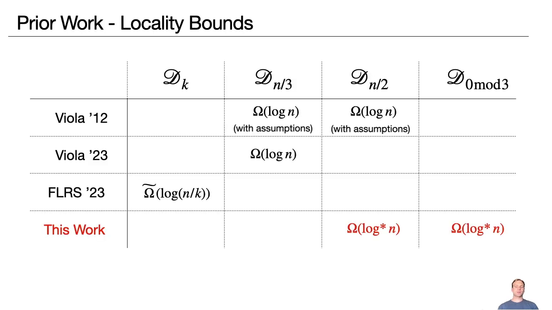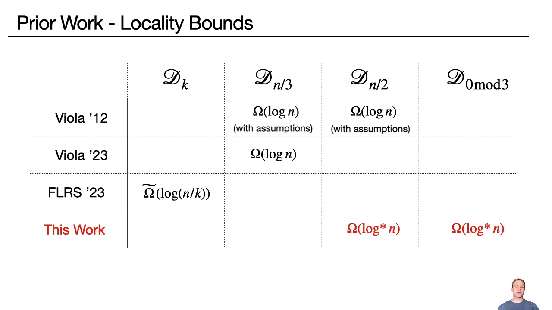As mentioned, there is some earlier work in this area, going back to Viola in 2012, who proved logarithmic lower bounds on the locality in the case of the uniform distribution over strings of weight n/3 or n/2. However, these results came with the assumption that the input length is bounded, and ideally we'd like unconditional lower bounds.